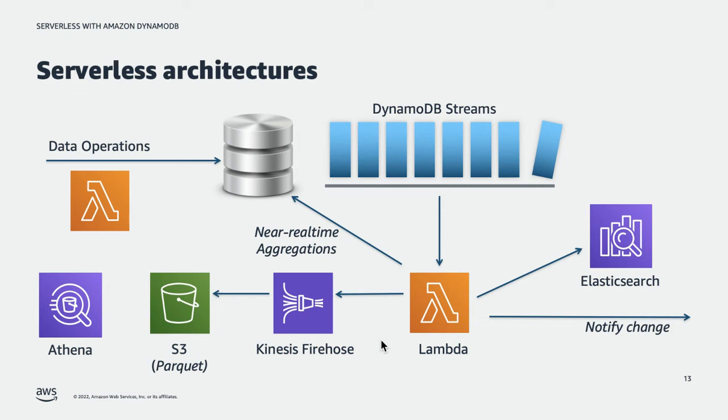And then Firehose, of course, could aggregate that data, write it into S3, maybe in Parquet format, and then we can query it with Athena, which is another serverless service within AWS. So there's a lot of power that we can build around serverless architectures, a lot of different options. Today in the workshops, we'll see 2. We'll see Lambda making direct data operations against DynamoDB, and then we'll see a triggered Lambda function, which is doing that near real-time aggregation for us.